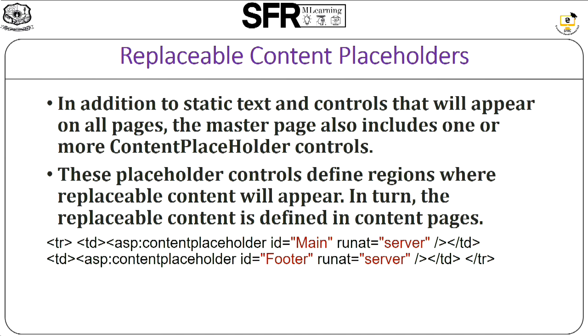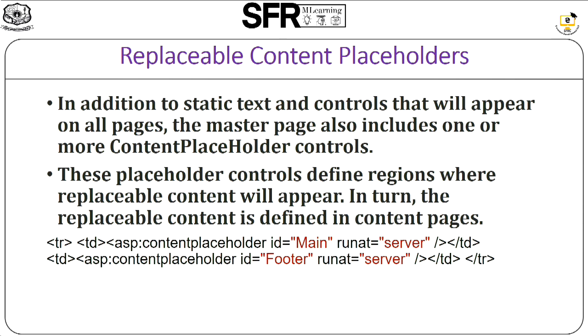Next is the replaceable content placeholder. In addition to static text and controls that will appear on all pages, a master page also includes one or more content placeholder controls. These placeholder controls define regions where replaceable content will appear.